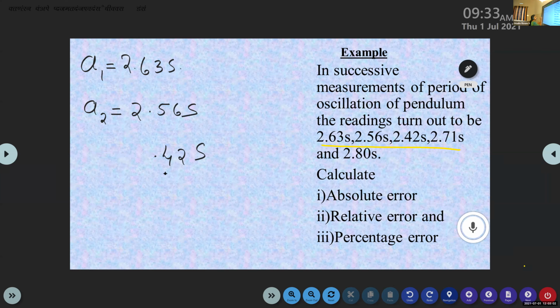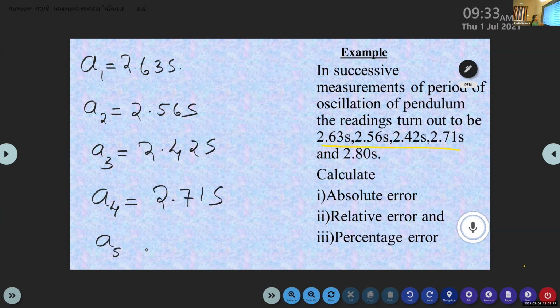Very good. Sometimes I may make this kind of mistake in order to check whether you are listening in the class. So 2.63, 2.56. A3 is 2.42 seconds. A4 is equal to 2.71 seconds. What about our A5? 2.80 seconds.